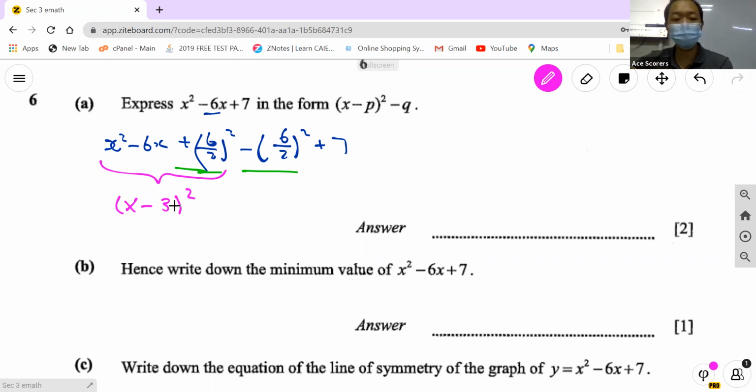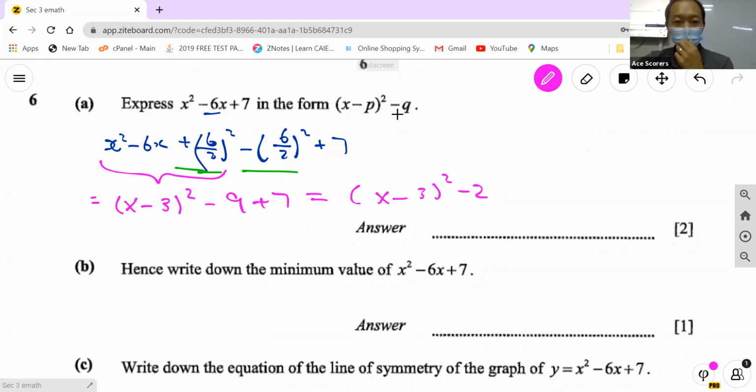This is the part that a lot of people confuse. So this 3 collapses to become that, and here 6 over 2 is 3, so 3 squared, negative 9, plus 7. So this whole thing is (x minus 3) squared minus 2.